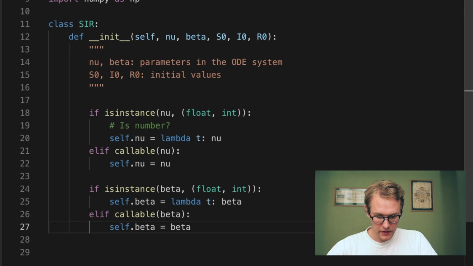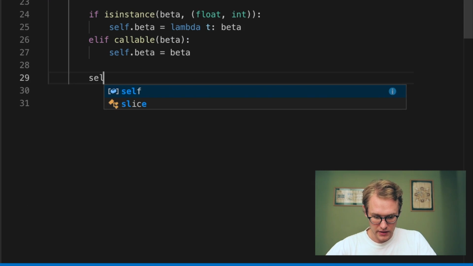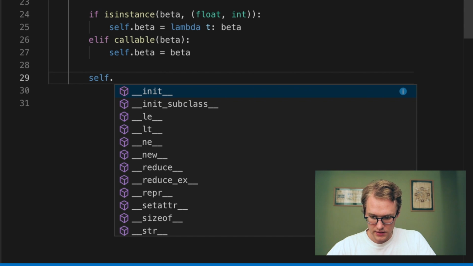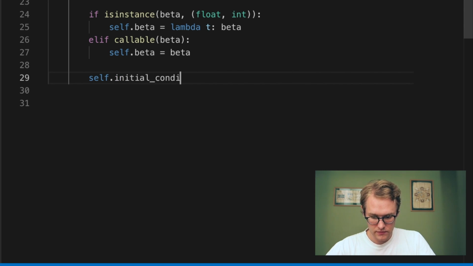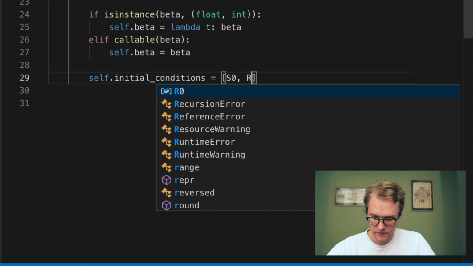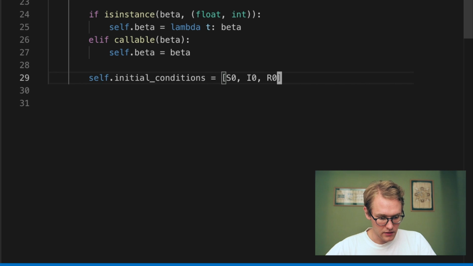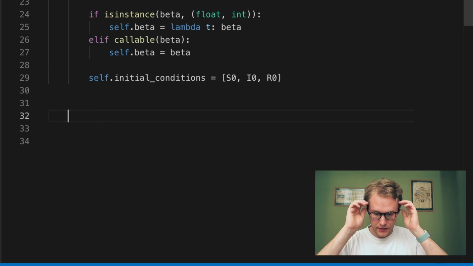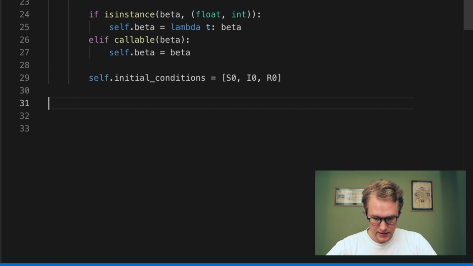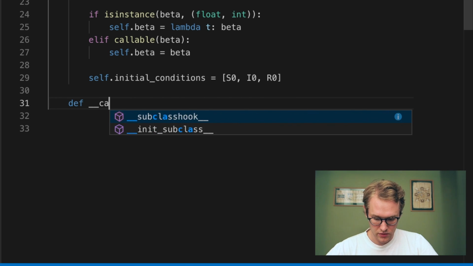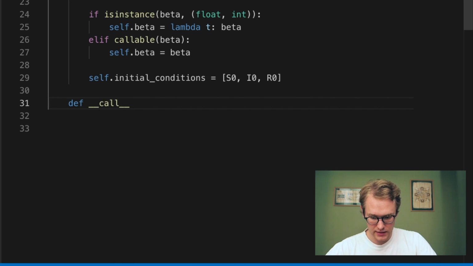And we also need to store the initial conditions. Initial conditions equals an array S0, I0, R0. There we go. And the only thing we need to do with this class is to be able to call these functions at some u and t.